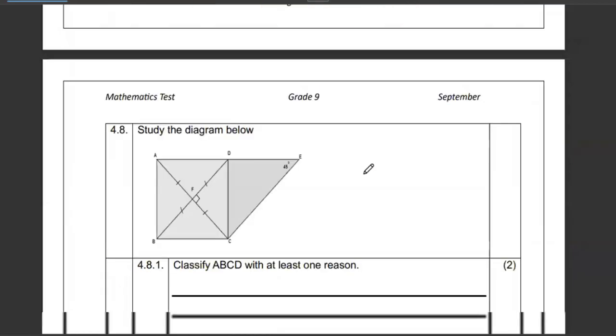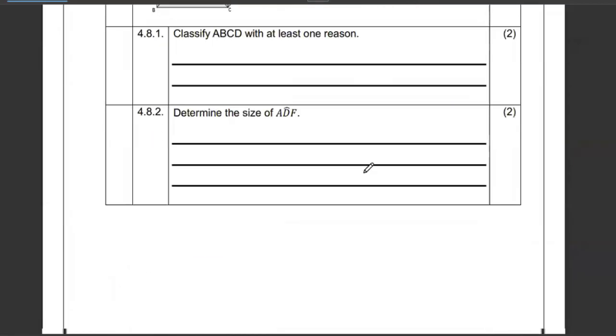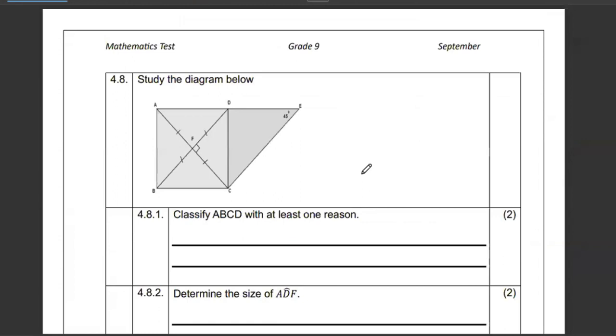And then 4.8, which is probably the last question. Study the diagram below. So it's more like a trapezium with a square. They're asking us to classify ABCD. What do we know? The diagonals are bisecting at 90.